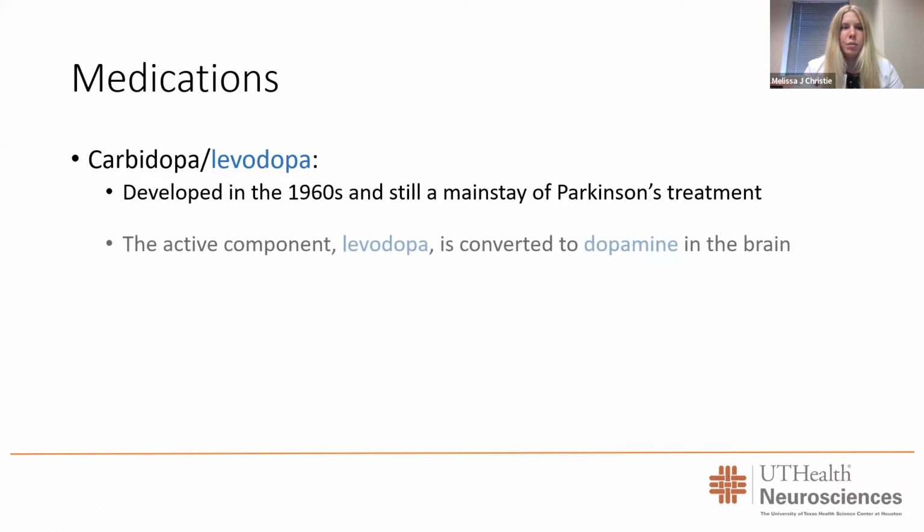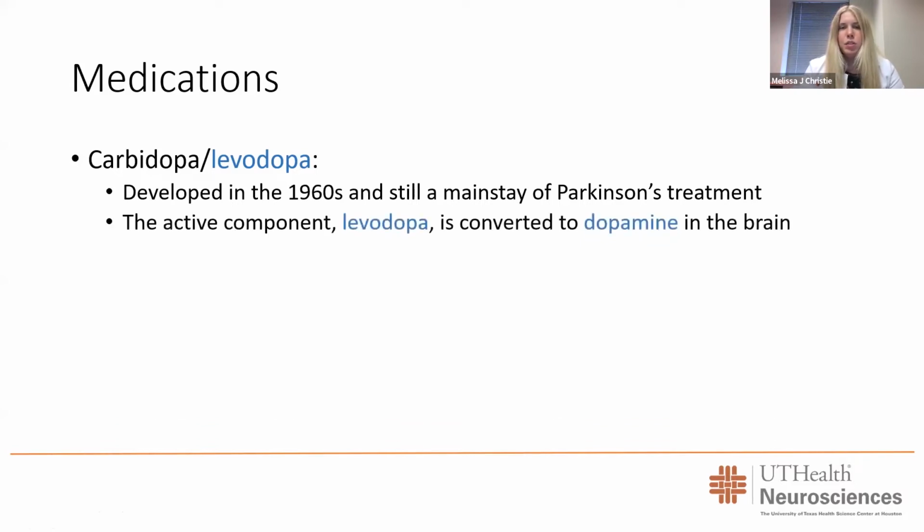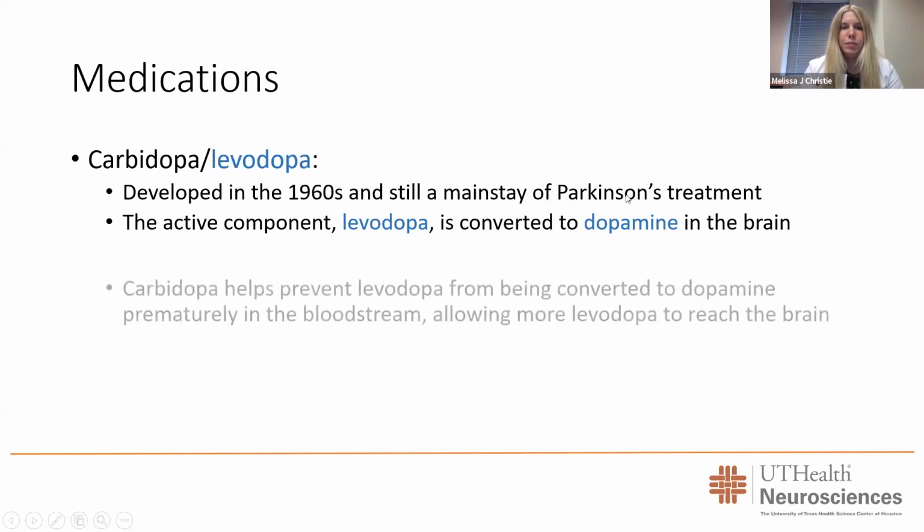And I told you that Parkinson's is missing dopamine, but why don't we just give pure dopamine then? Dopamine cannot cross the blood-brain barrier, but this levodopa can. So it's able to go through your gut, get absorbed, and actually get to your brain, unlike if we gave just pure dopamine. So this levodopa gets converted.